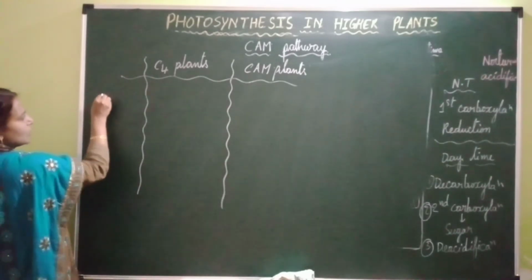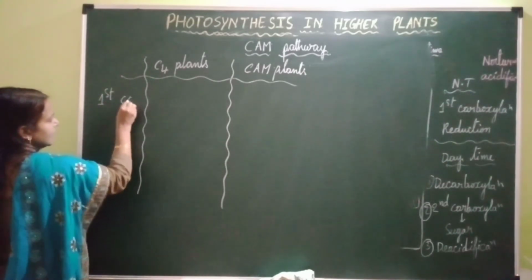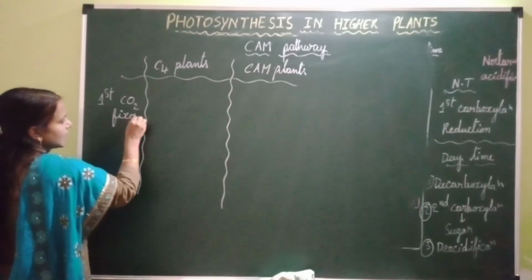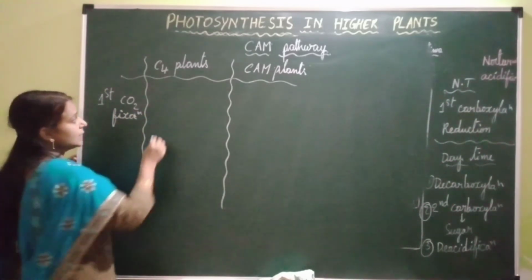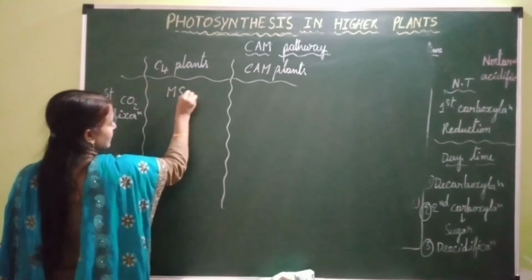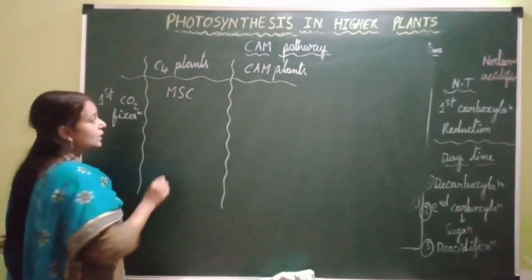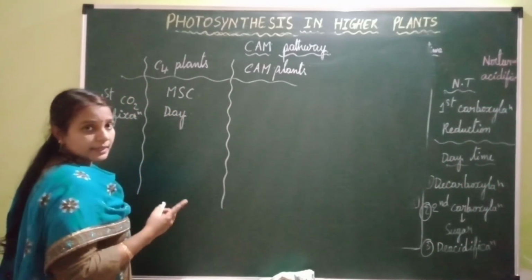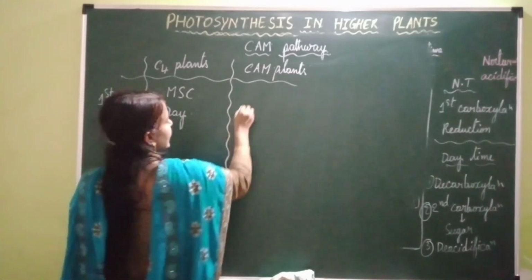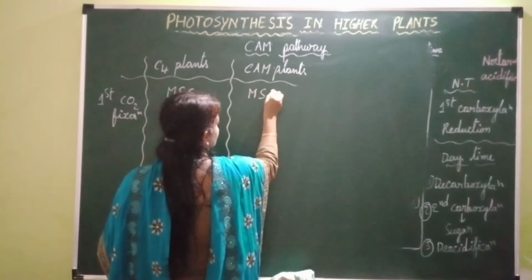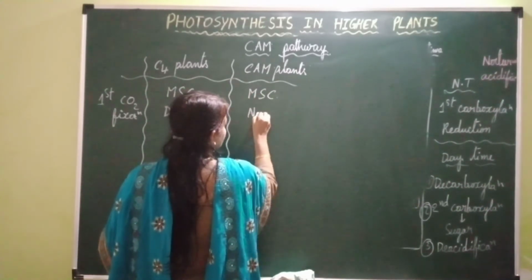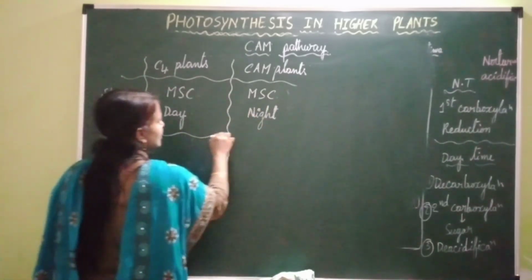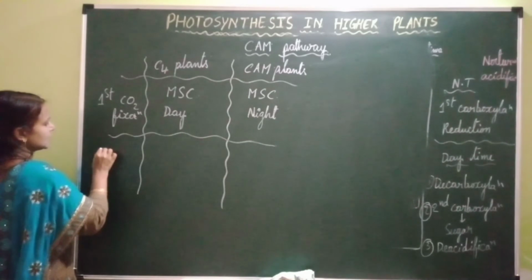First carboxylation or first carbon dioxide fixation: in C4 plants, it occurs in the mesophyll cell, during daytime only. Whereas in CAM plants, first carbon dioxide fixation occurs in the mesophyll cell, during night time.